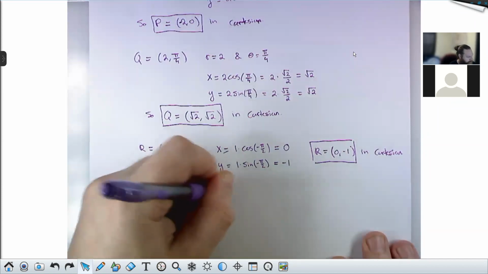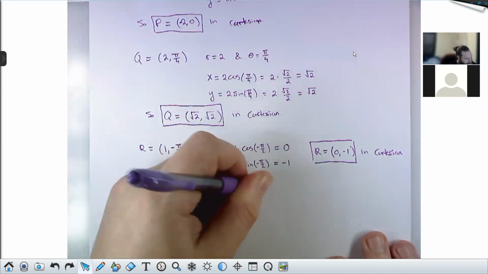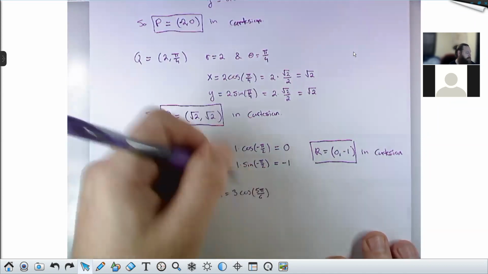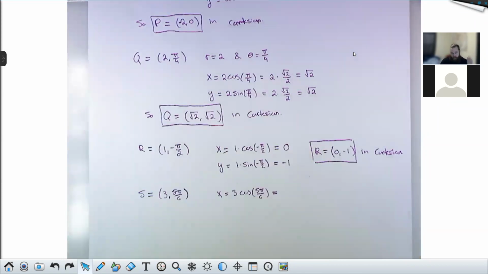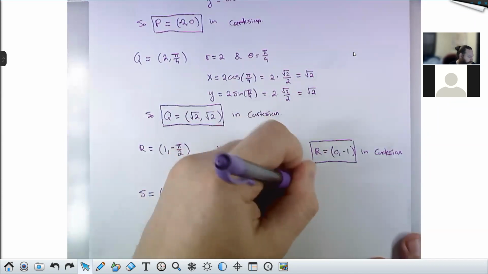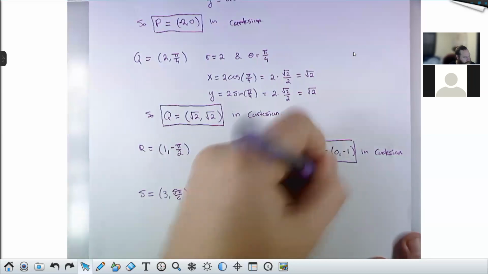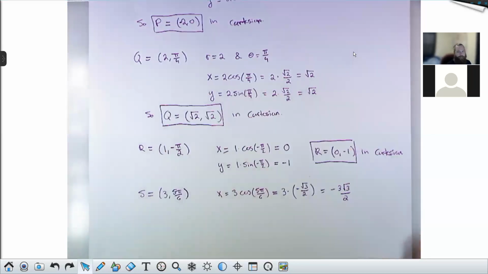That means x should be 3 times the cosine of 5 pi over 6. The cosine of 5 pi over 6 is negative square root of 3 over 2. So this is 3 times negative square root of 3 over 2, which is negative 3 root 3 over 2.